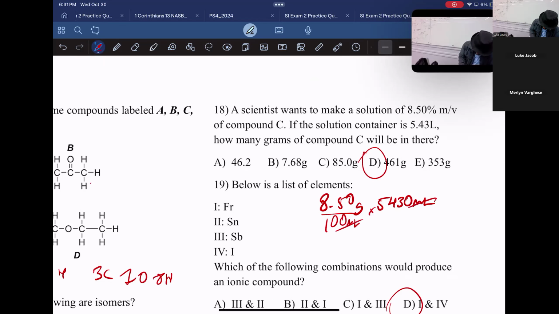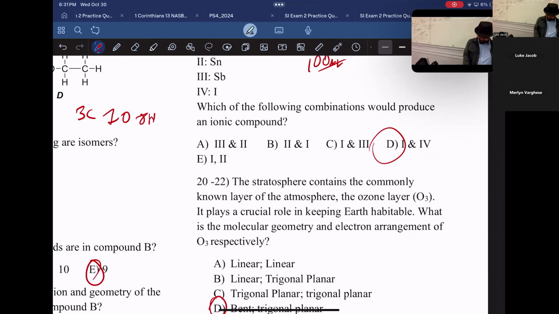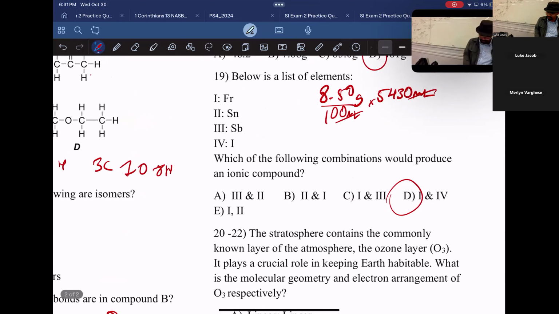You convert this to this, and then you get grams. So what is that? It's D, right? Is that D? Okay, good. This was literally a question straight from the test. It was actually an MCAT question. So this is not bad.